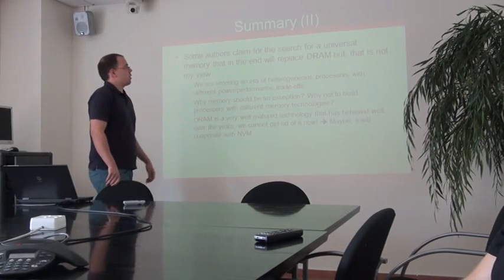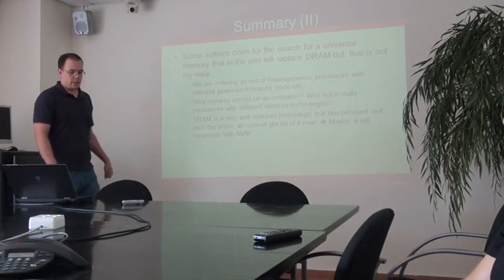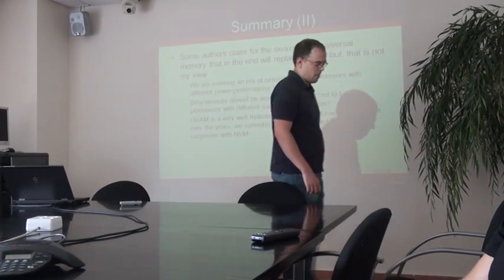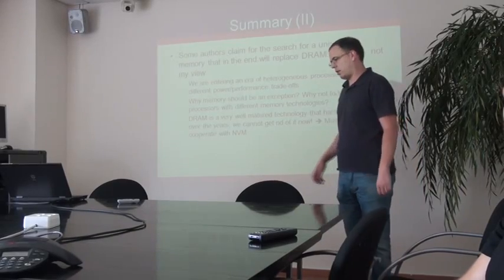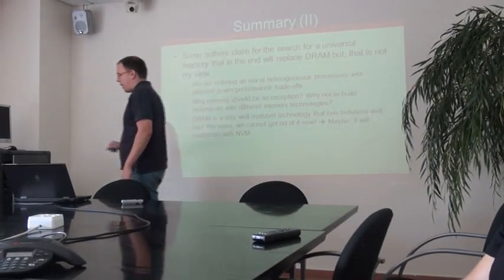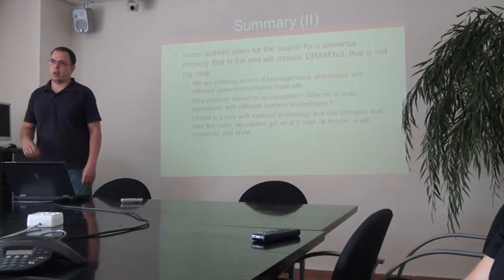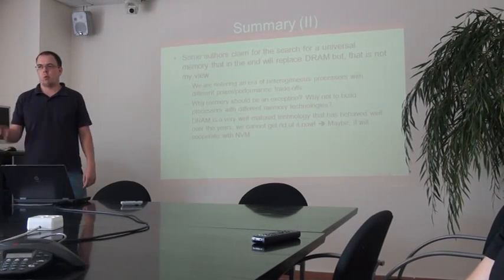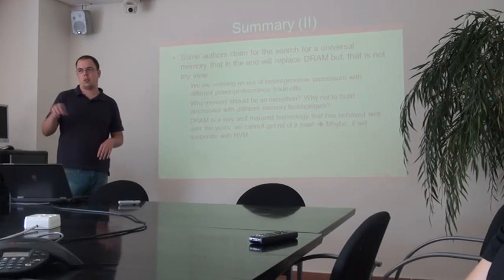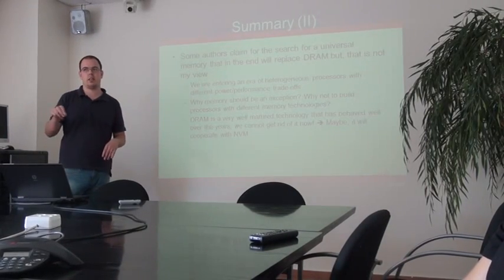Okay, my opinion: some authors call for the search for a universal memory that in the end will replace the RAM, but this is not my point. Why? Because we are entering an era of heterogeneous computing, where we will have on a single chip several cores with different trade-offs, basically performance-energy trade-offs.